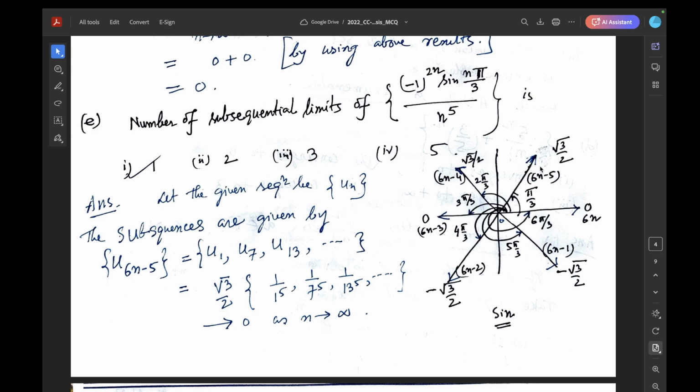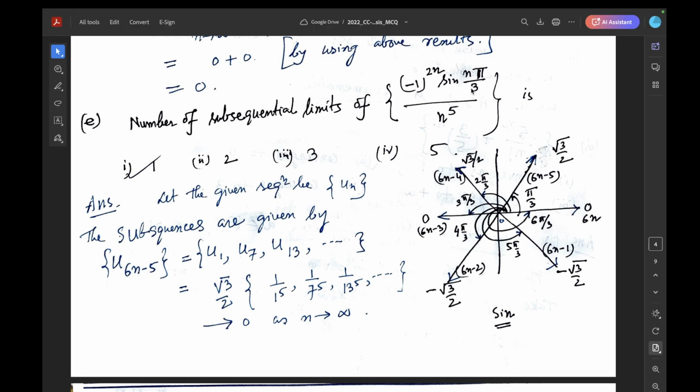Now take the subsequence u6n minus 5; when we put n equal to 1, 6 minus 5 is 1. So u1, u7, u13, the period is 6, stepping with gaps of 6. All of these have sine n pi by 3 equal to root 3 by 2.